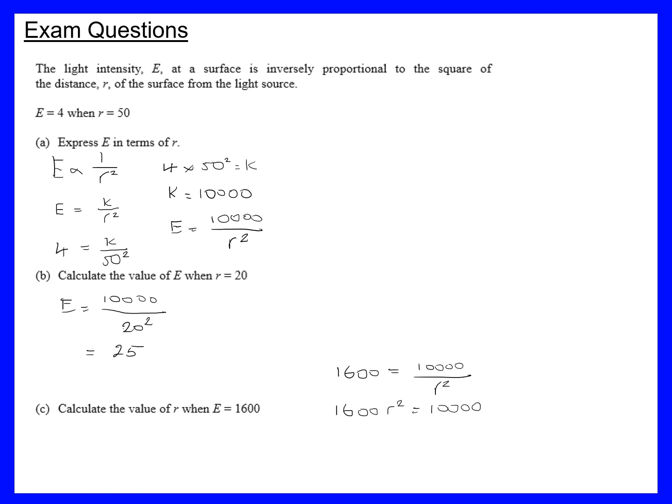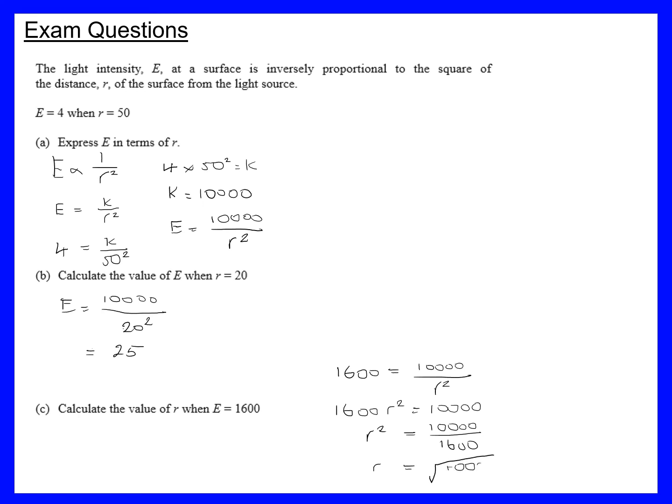Now we need to get rid of the 1,600, so we're going to divide both sides by 1,600. So r squared is 10,000 divided by 1,600. And remember, we just want r. So to get r, we now need to square root the other side.